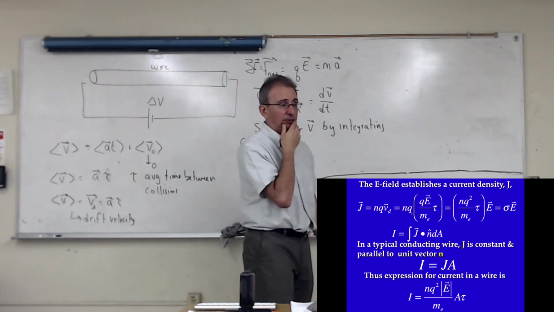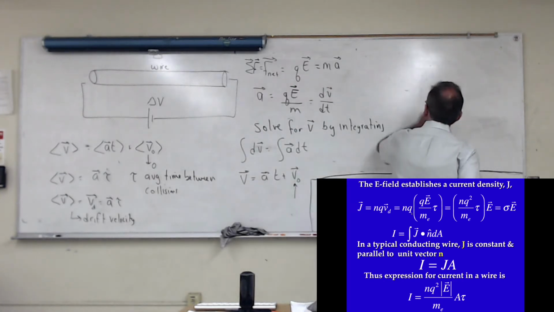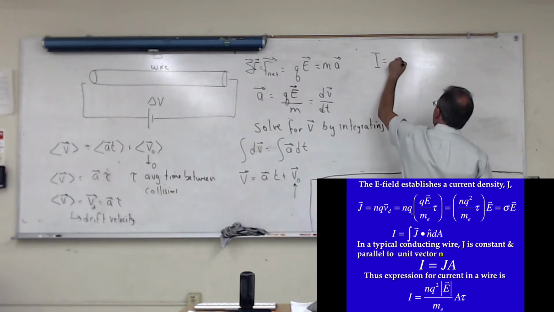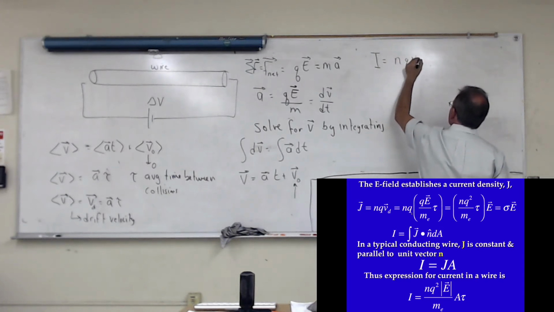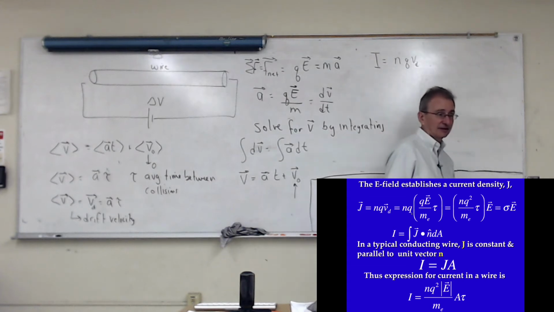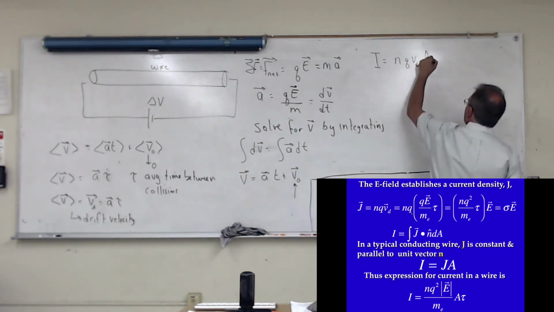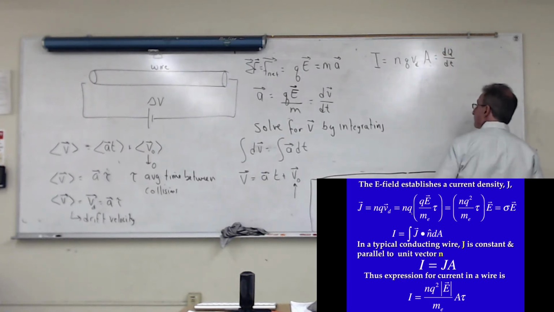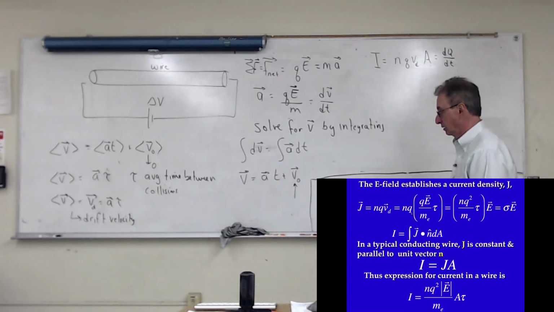When we did the multimeter discussion, I described I as N Q V drift times A. I now have a theoretical expression for a V drift. Well, it's a model. I mean, it comes from a model.